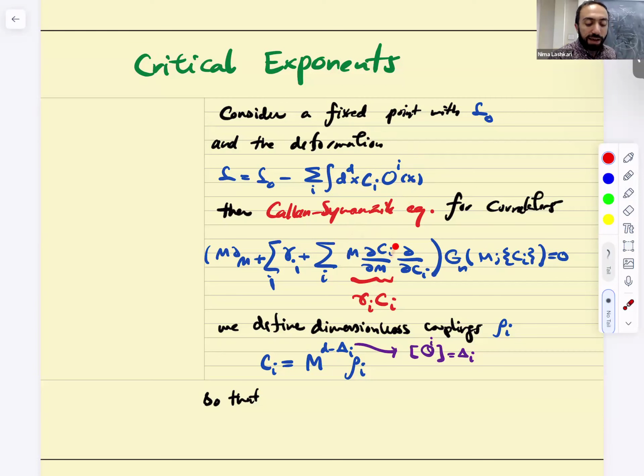And M del M of c_I is gamma_I c_I. That's what we do every time we define these. Hopefully it's clear why I put a c_I here, because this guy was dimensionful. So I want to take del of log of it with respect to del of M, so that I read off the exponent.